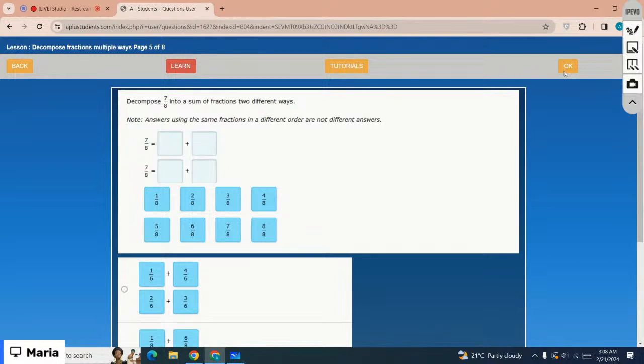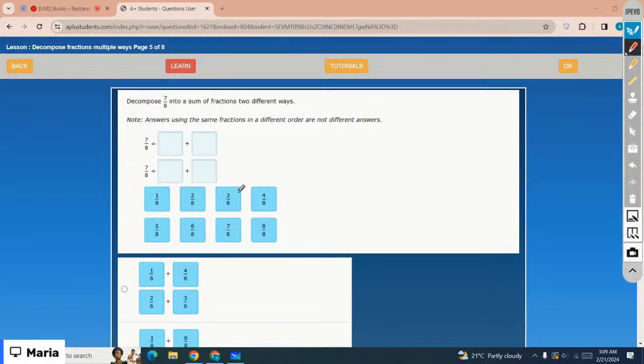The correct option is, you have to make 7, right? The denominator is the same for all the fractions. So we know that 3 and 4 make 7. So that would be 3 by 8 plus 4 by 8.